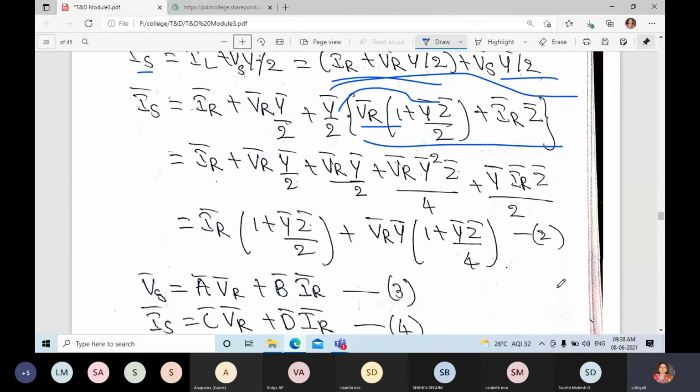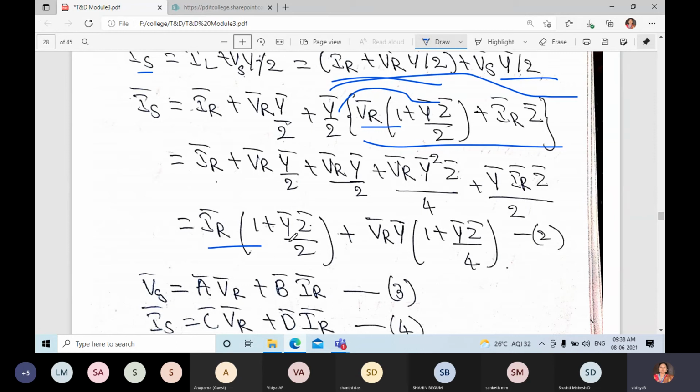So now we have it in terms of VR and IR. Taking IR common, we get 1 plus Y into Z divided by 2, plus VR vector Y vector into 1 plus Y vector Z vector divided by 4.